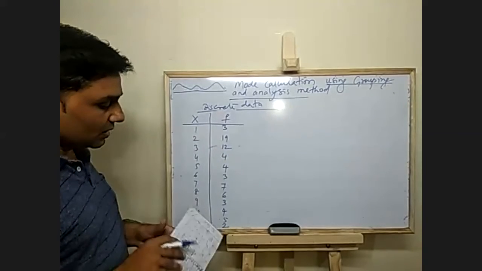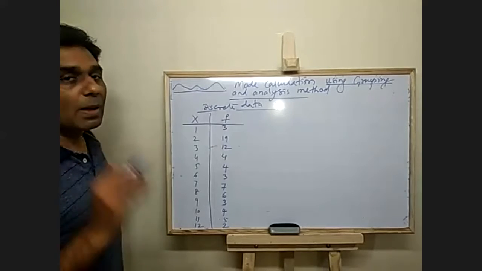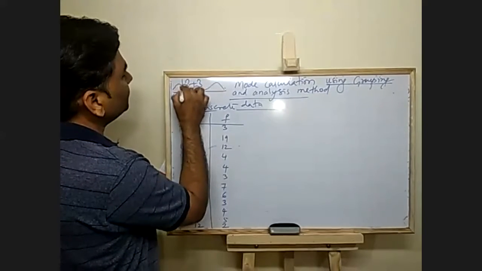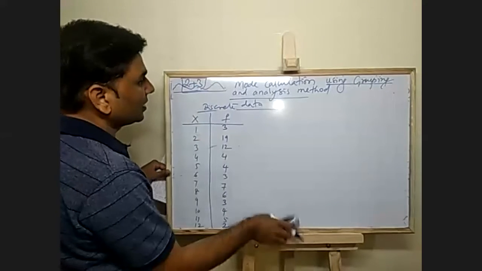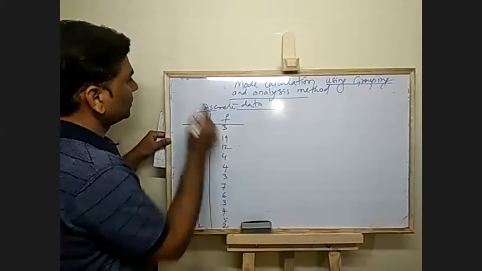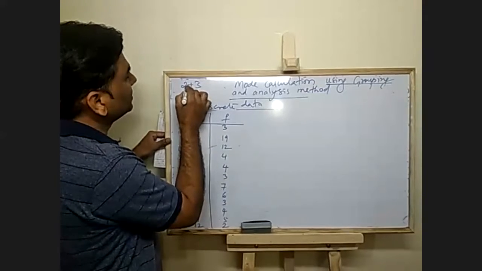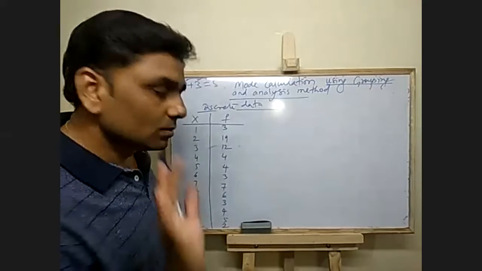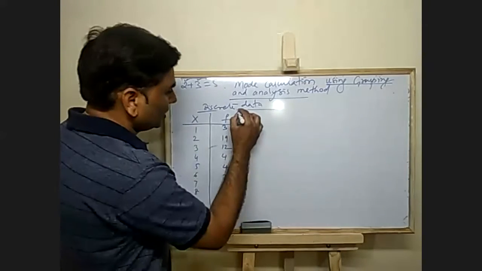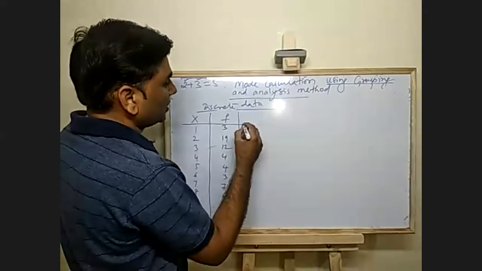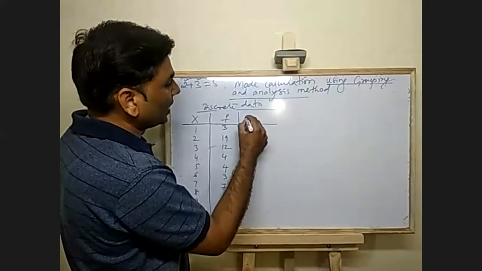Now the technique of calculating this is, remember this: 2 plus 3 equal to 5. Remember this method. Now do one thing. Write column 1.